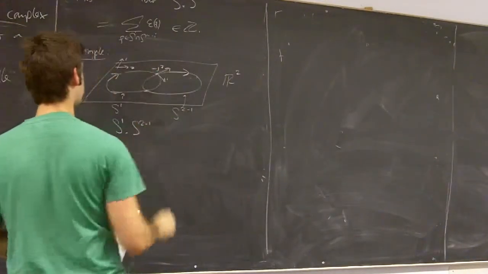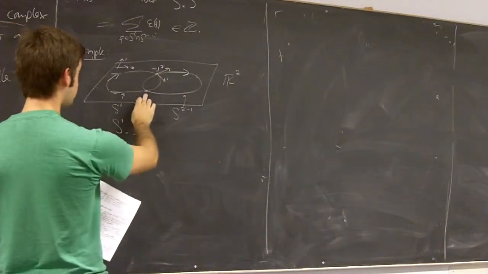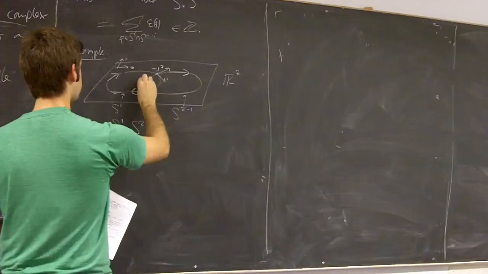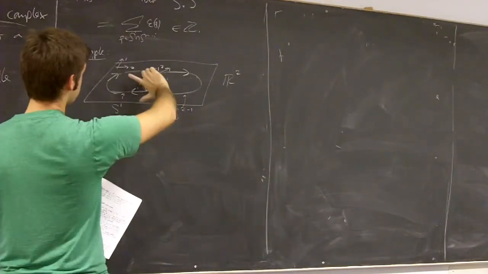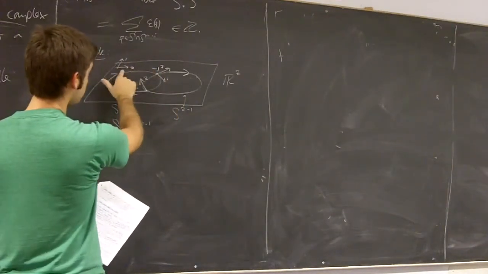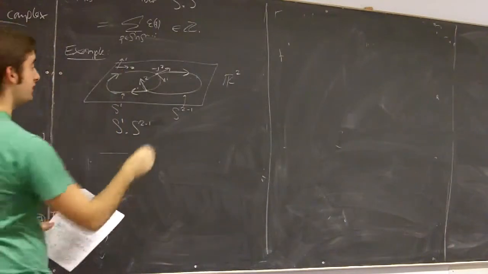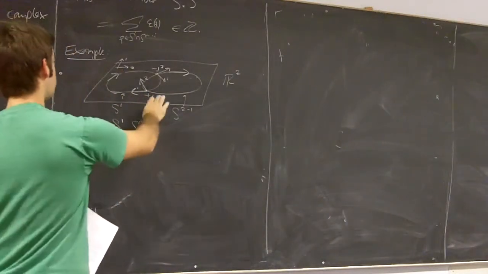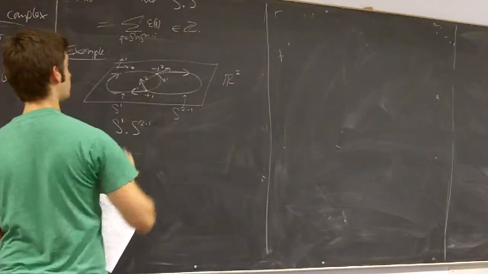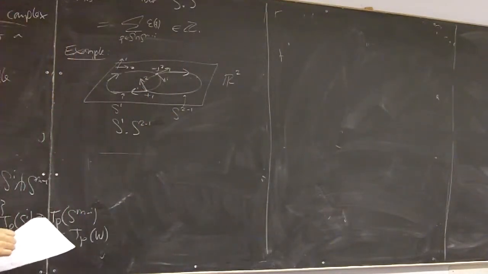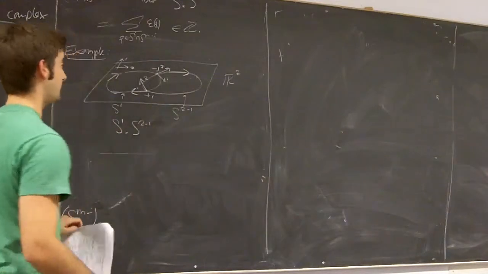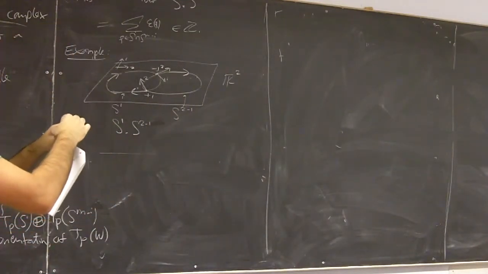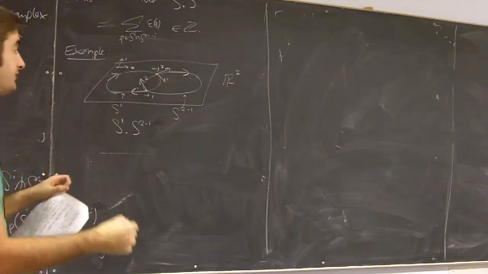So here we get -1, whereas down at this point, when we put this one first and this one second, just rotating this around, we've got the same orientation as we had for R2, so we get a sign of +1 here. So if we then look at the intersection number, we sum these two and we get 1 minus 1 is 0. And this is telling us that actually generically we can perturb these so that they don't intersect at all.